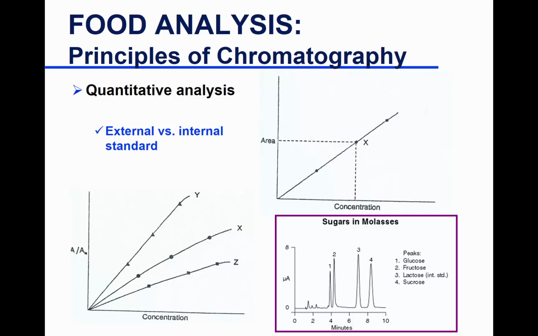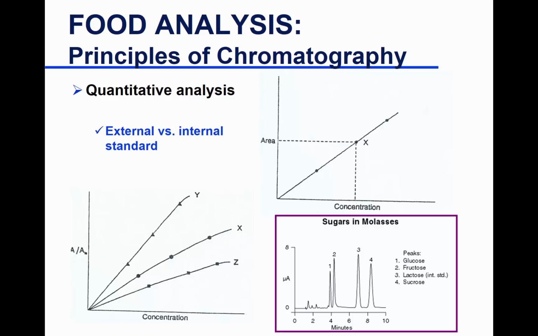To quantitate, you need to have standards and run calibration. We already talked about that. So you need to produce a standard curve. The way you produce a standard curve is you obtain pure standards and you physically prepare them at different concentrations, and then you run them through your system and you get the area of the peak for that standard.